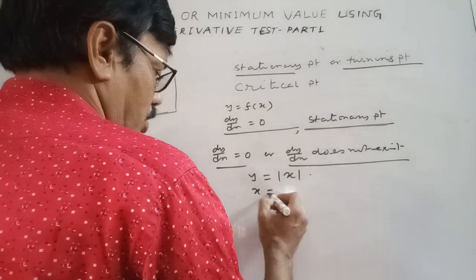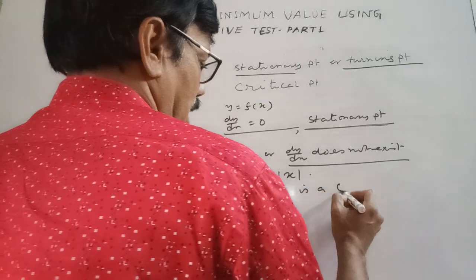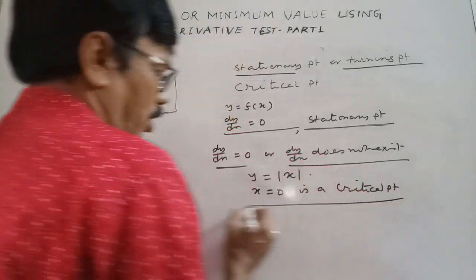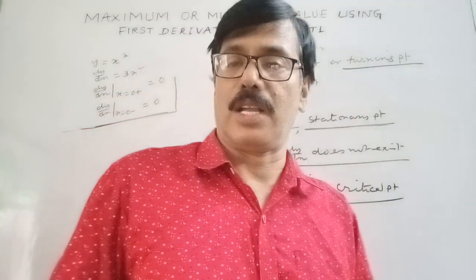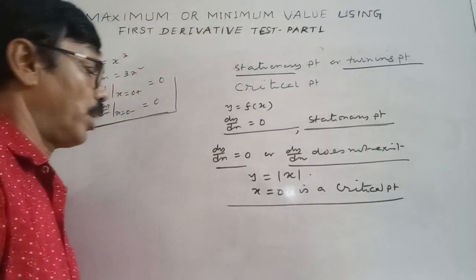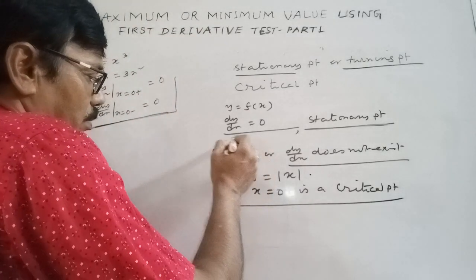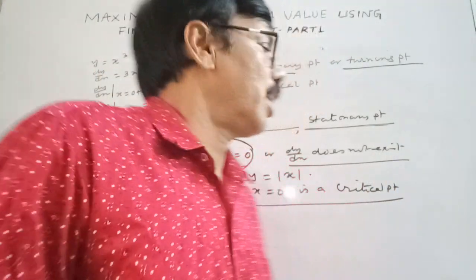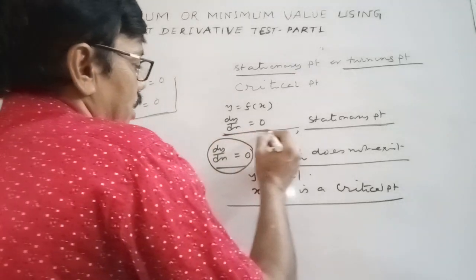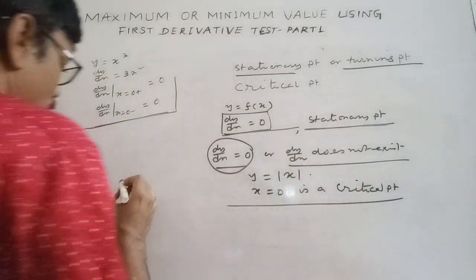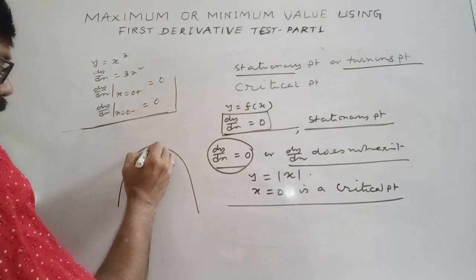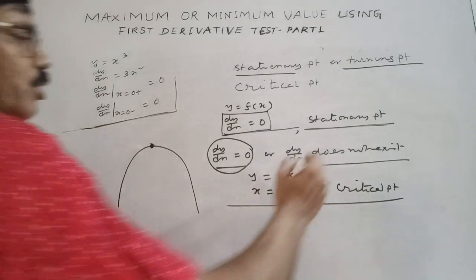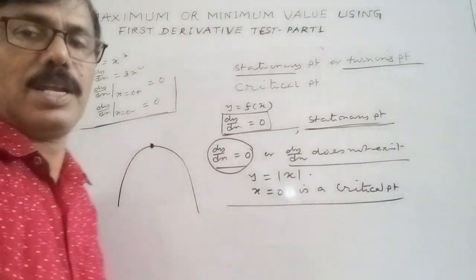So here x equals to 0 is a critical point, because here derivative does not exist. So critical point is the point for which dy by dx is 0 or dy by dx does not exist. And what is stationary point? Only dy by dx equals to 0. Look at the curve. At the point, the particle, if a curve is like this, here it is motionless. So that is why the name stationary point.